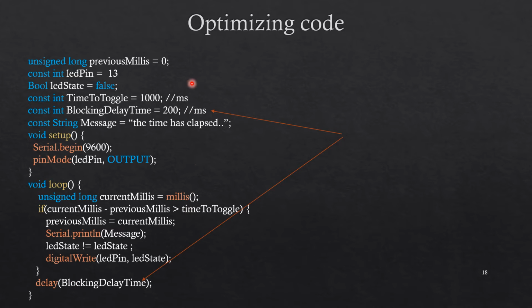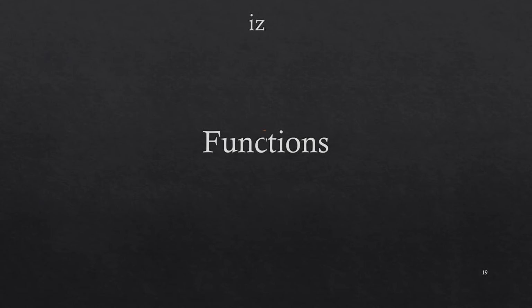In this way, all of our variables would be at the top, so when you need to modify something, you can find it very easily. And also here we have defined a constant of the type string. We call it message, and it has the message that will be shown to the user using the serial monitor.